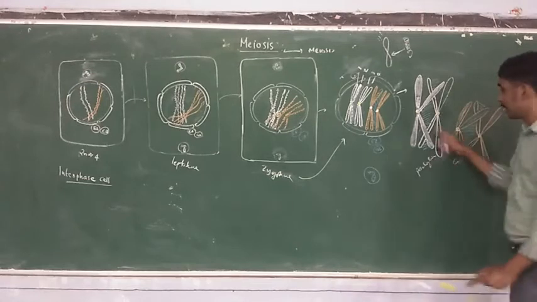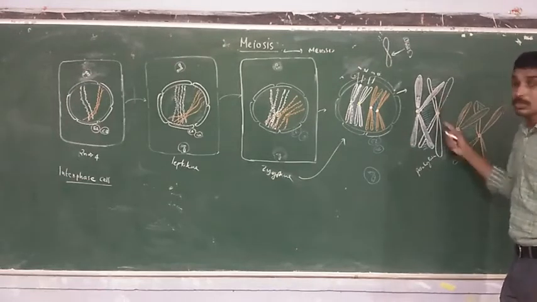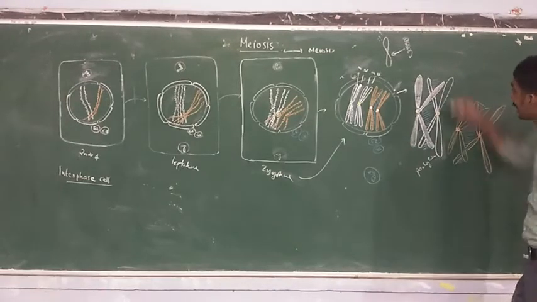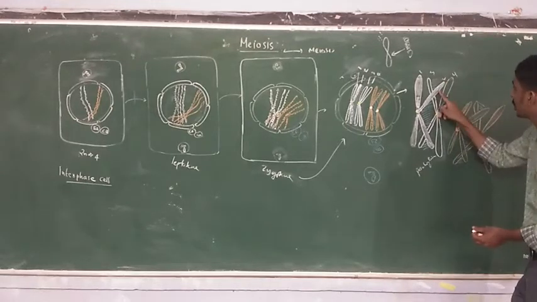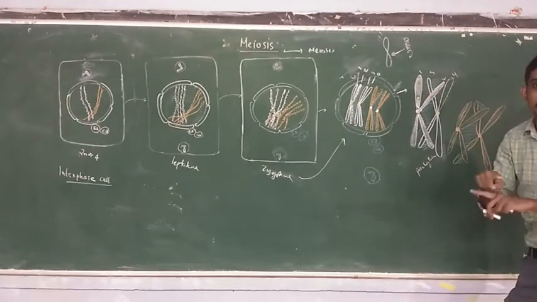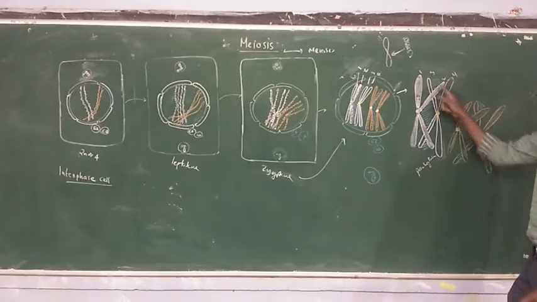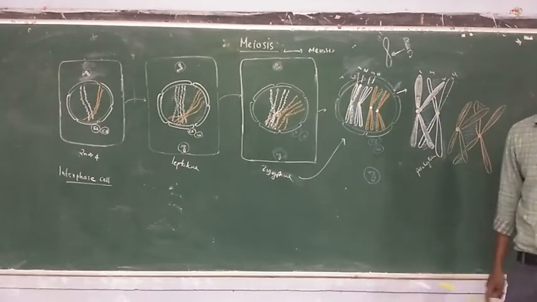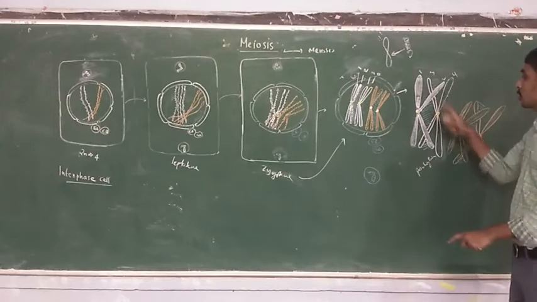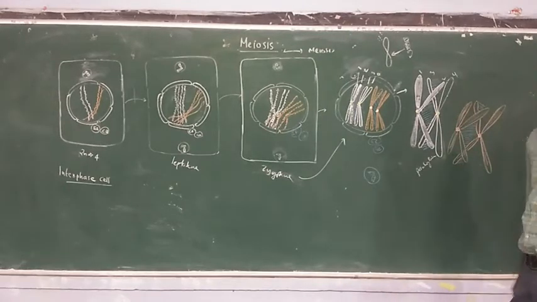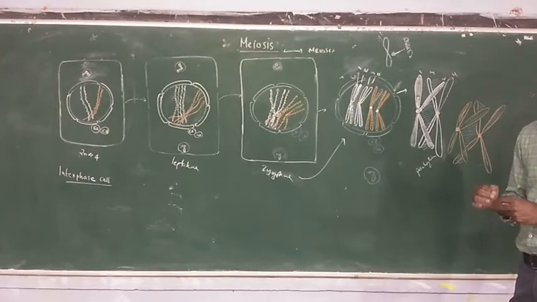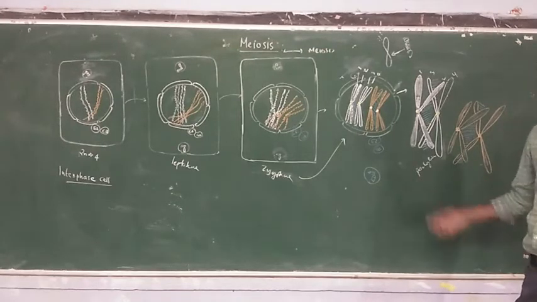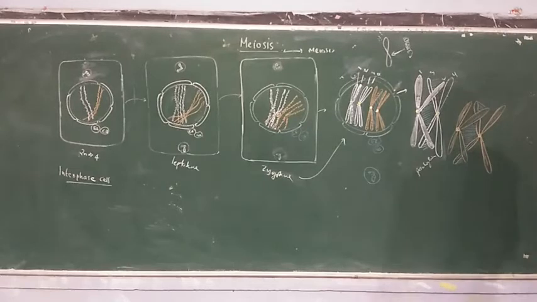Okay. So in pachytene, crossing over occurs, which means exchanging of chromosomal segments between non-sister chromatids, such as 2 and 3, of a homologous chromosome pair. This is called crossing over or recombination, and it takes place with the help of the enzyme recombinase.